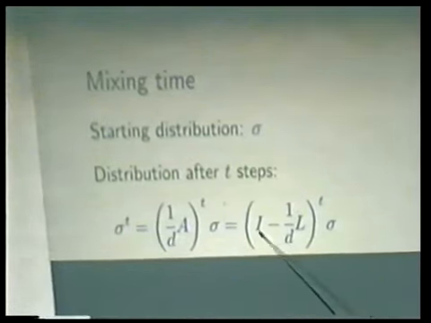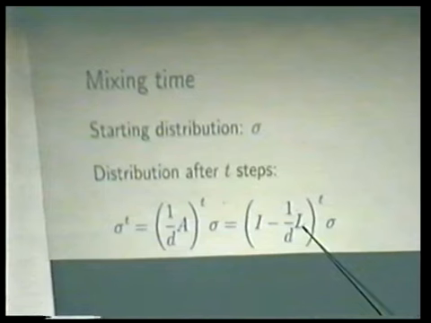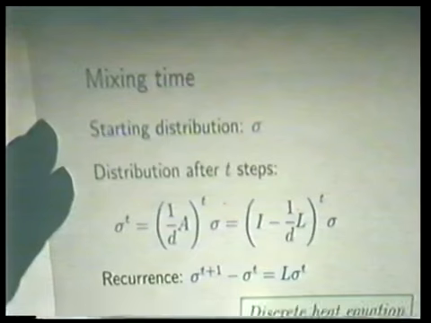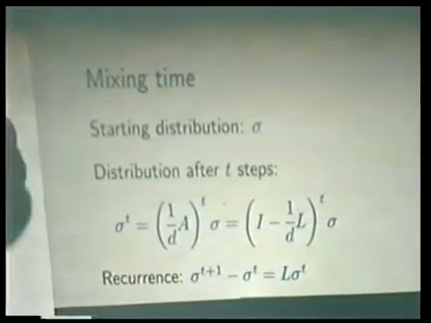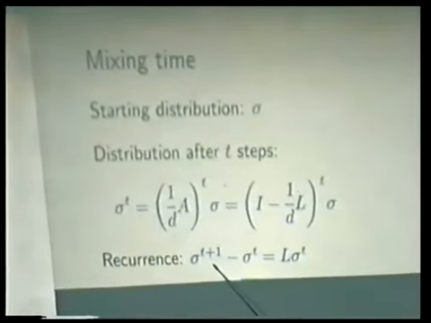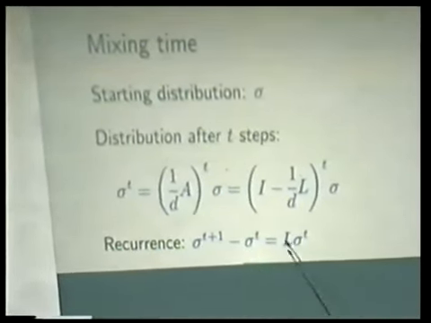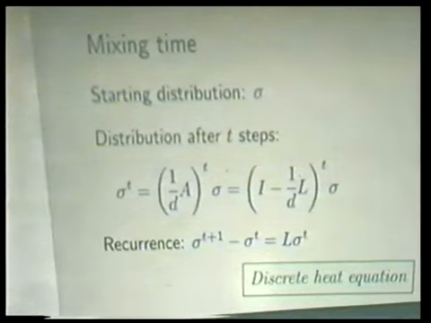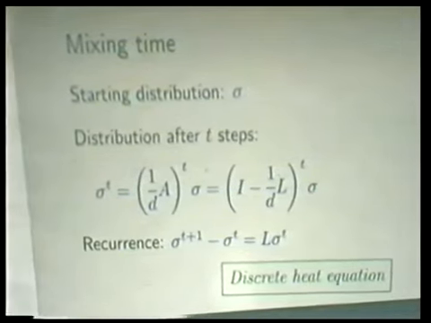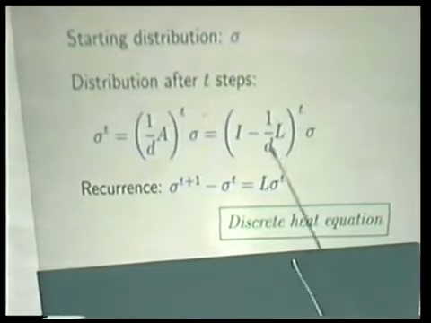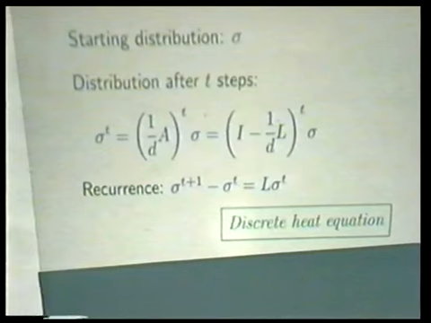You can write this as (I minus 1/d times the Laplacian) to the t, if you wish. And from this, or from other ways, you can also get the recurrence that sigma_{t+1} minus sigma_t is minus the Laplacian applied to sigma_t, scaled by 1/d. And you can recognize this as a discrete heat equation. It's a discrete time heat equation. And indeed, in this whole theory of mixing time, the heat equation plays a very important role.